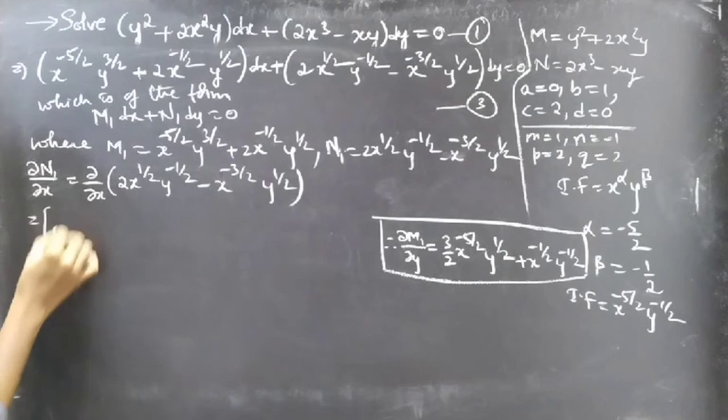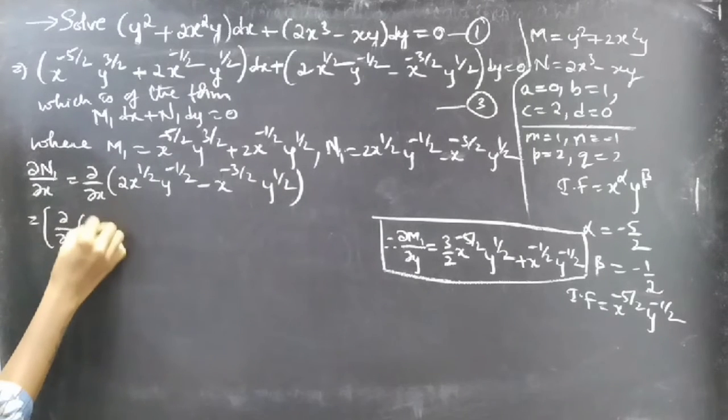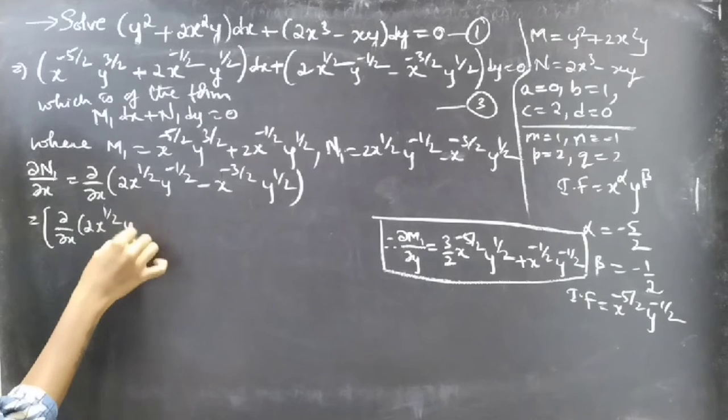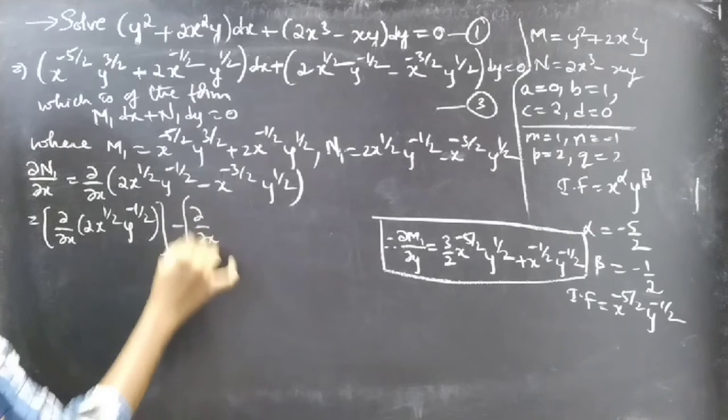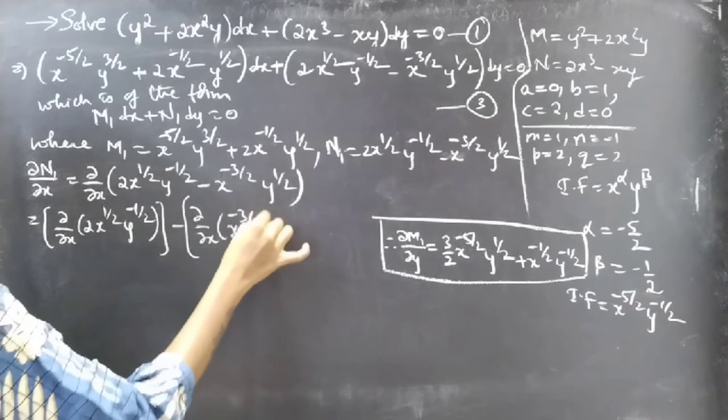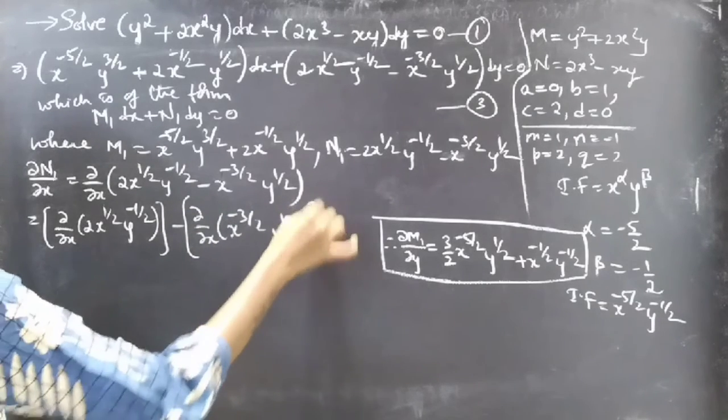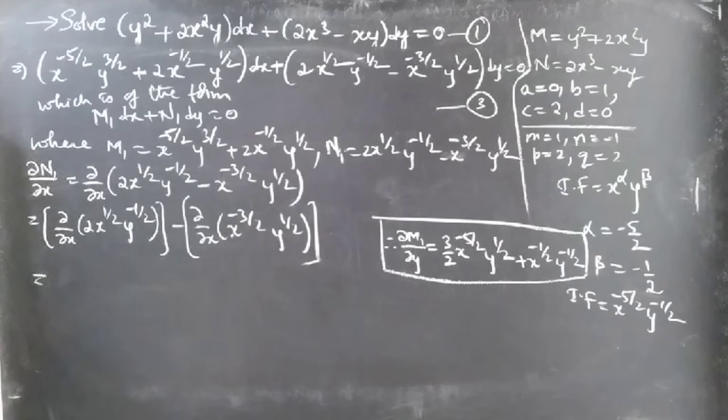Or we can write this as ∂/∂x of the first term minus ∂/∂x of the second term. Since we are doing the partial derivative with respect to x, y is treated as constant.